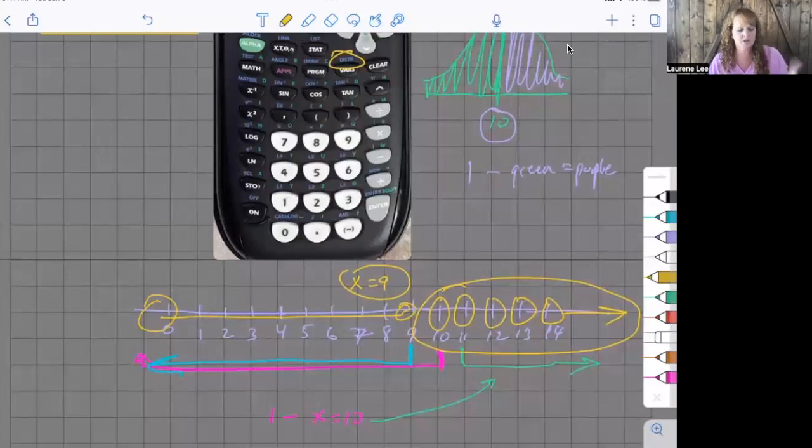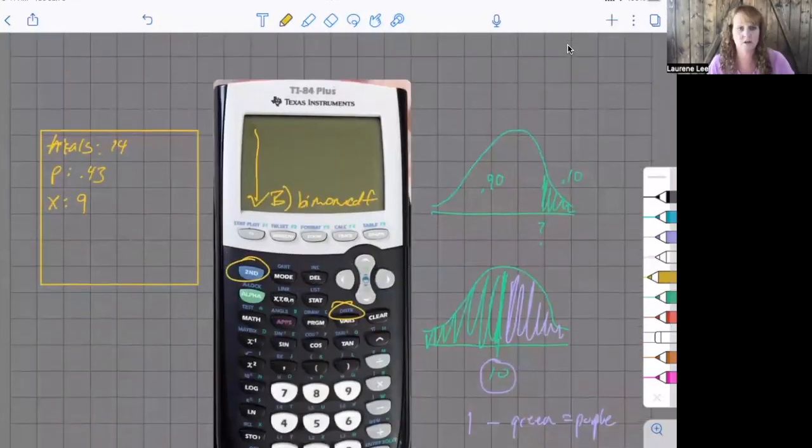So the number you enter here on your calculator for X is the number that the calculator is going to go up to and through from 0, always from the left. So if this is our distribution, here's 9. This is giving you all of this area.